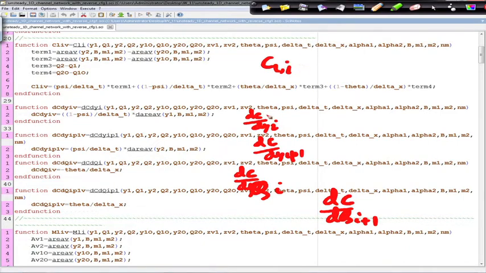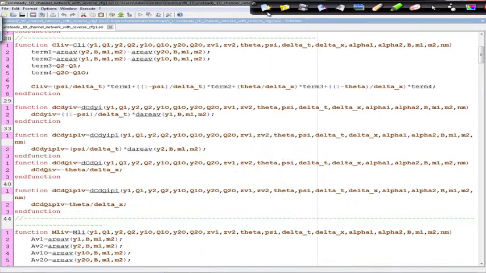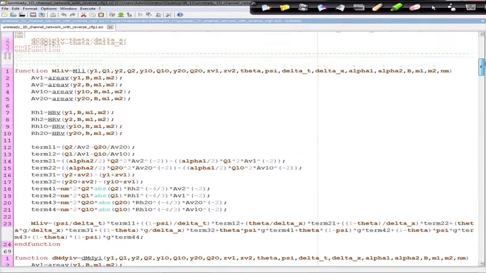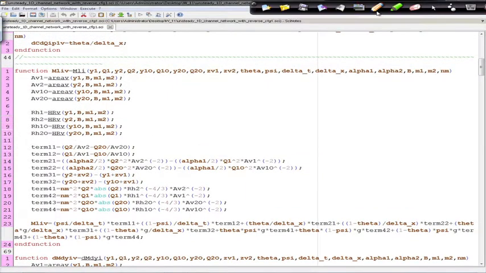So, we have defined CLI without specifying this LI here. I have written this, this is dCLI, dC dy_i, dC dy_i plus 1, dC dQ_i, dC dQ_i plus 1. Now, within this again we need to specify this MLI, this is MLI n, n plus 1.